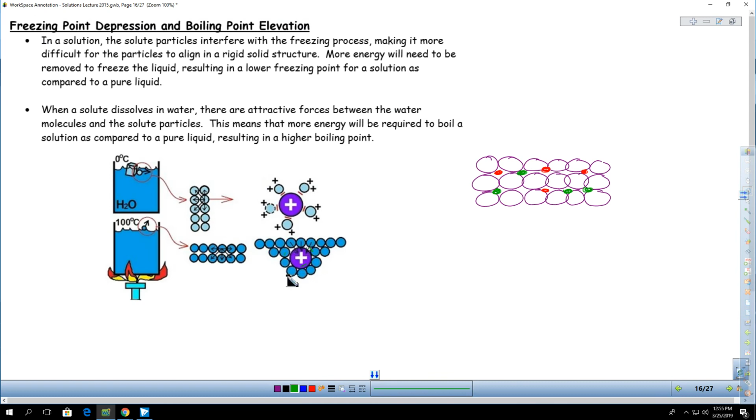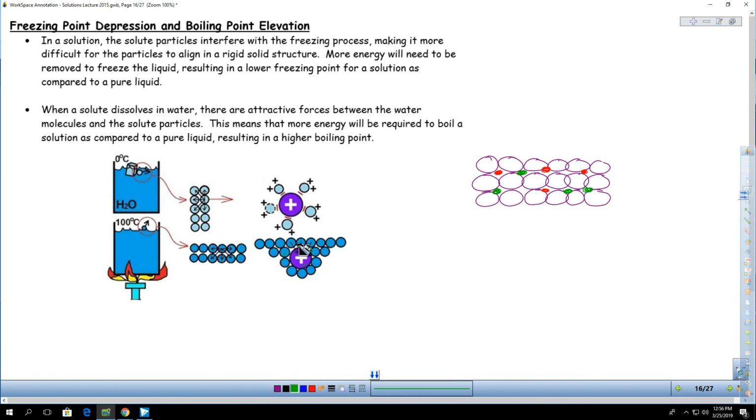Water molecules will be attracted to that positive ion. It's the negative oxygen end of the water molecule that would be attracted to the positive ion. And we could say the same thing about the negative chloride ions, that the positive hydrogen end of the water molecule would be attracted to a negative chloride ion in solution. But now in this new solution, we've got these extra attractive forces.